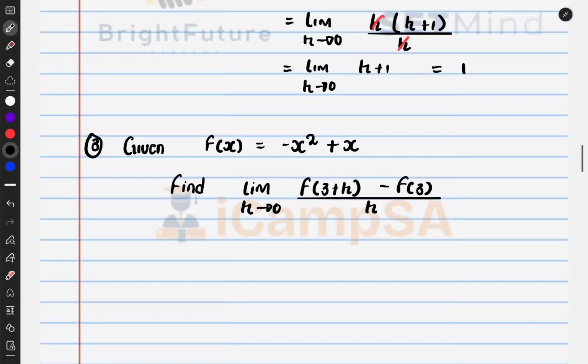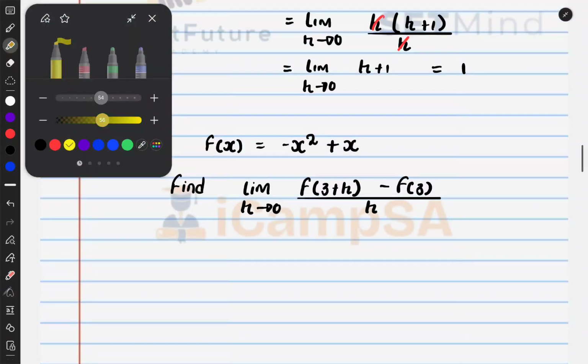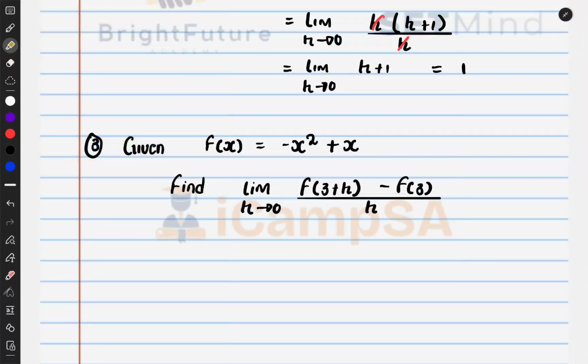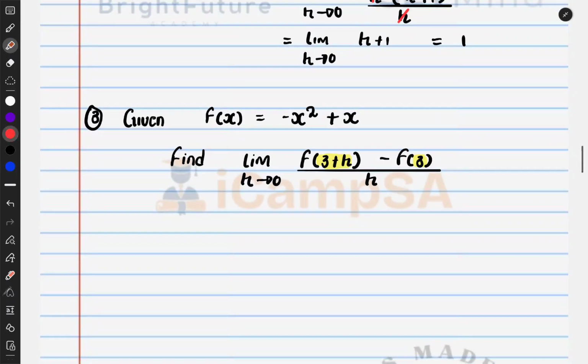Next, let's quickly do another example. We are also going to find the limit as h approaches 0 between these 2 points, 3 plus h and 3. So first things first, let's find the corresponding values for f at 3 plus h and f at 3.